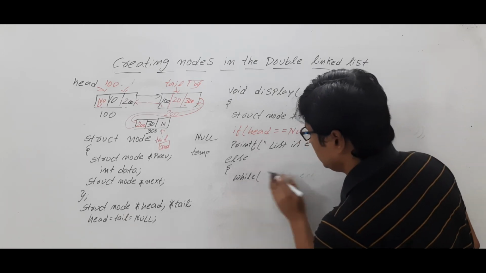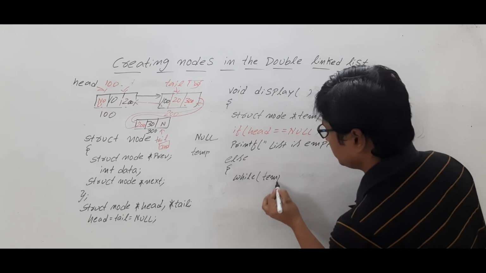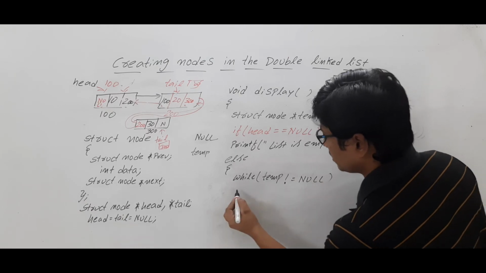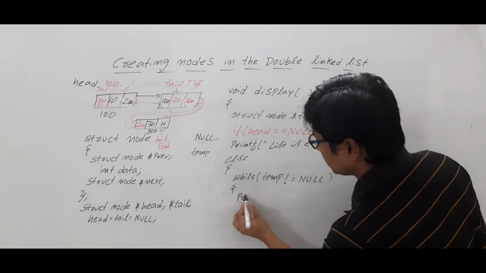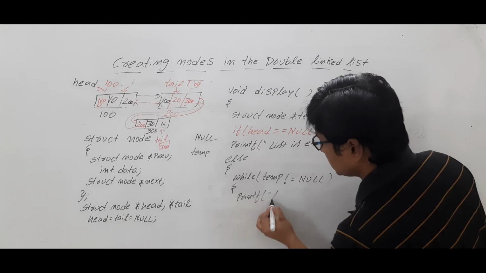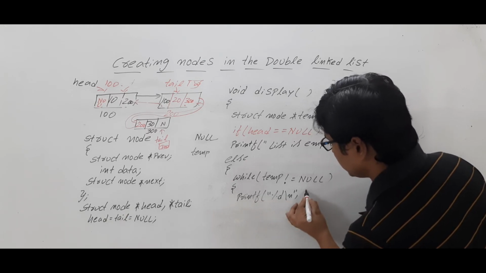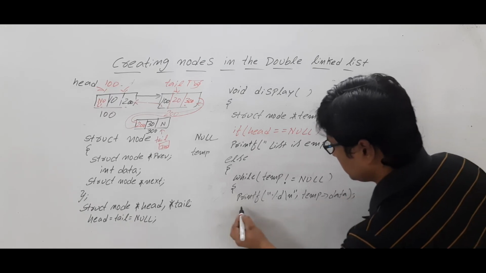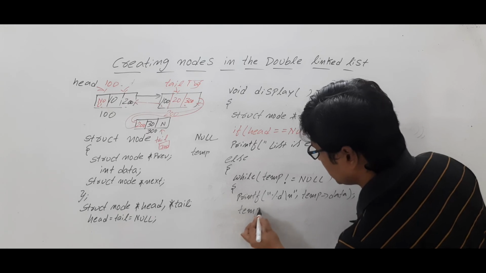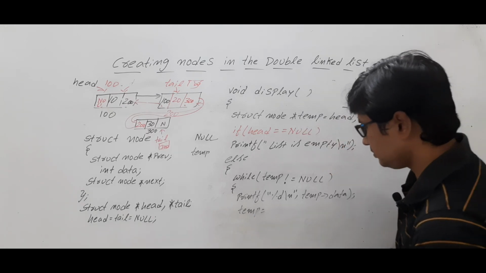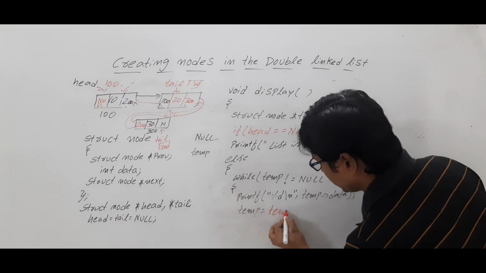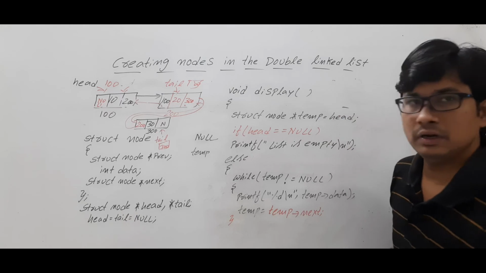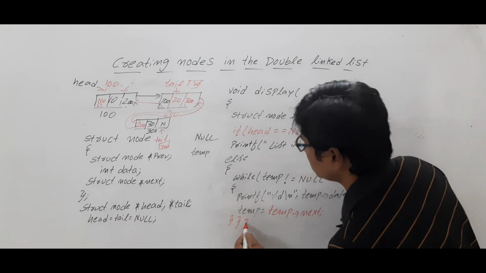So while temp not equal to null, you will write printf %d \n temp of data. Then temp is equal to temp of next. Close the while loop, close the else, close the function.